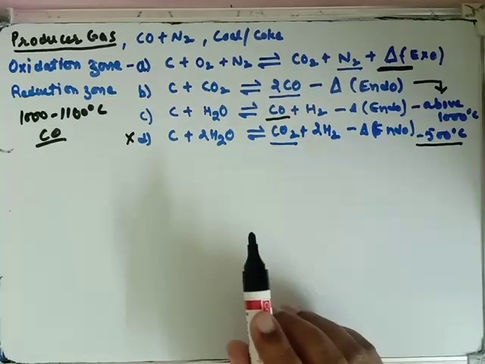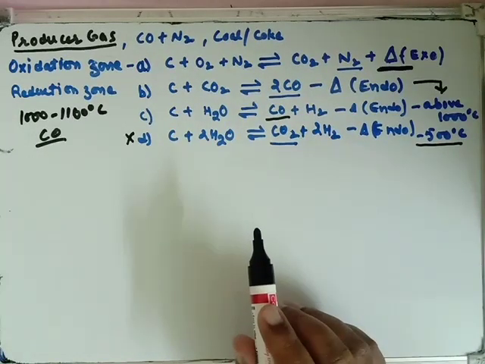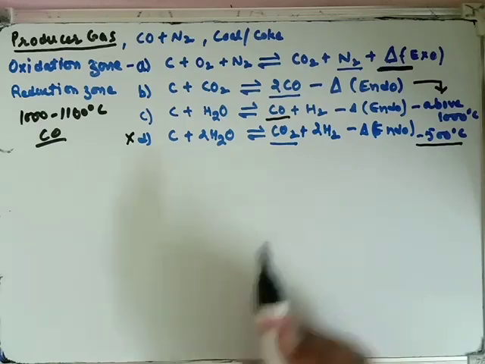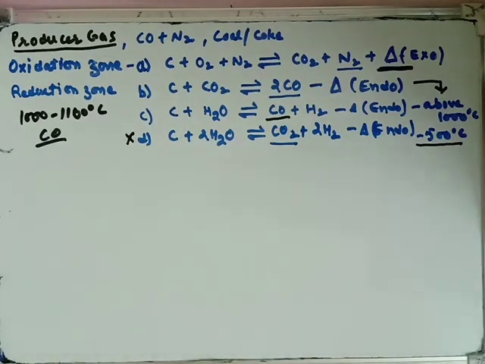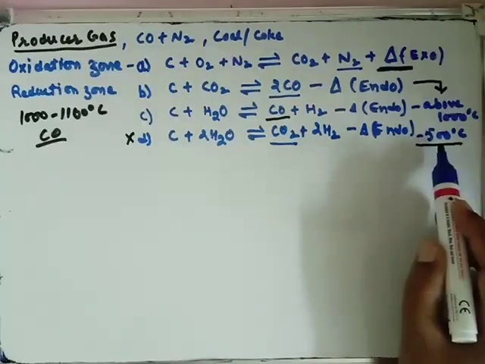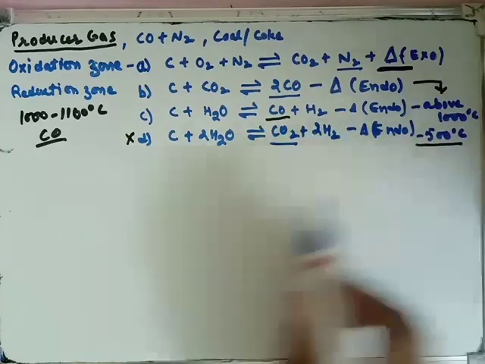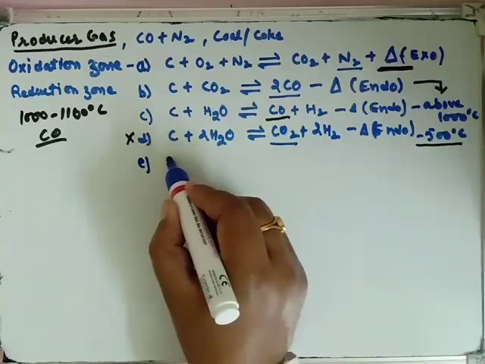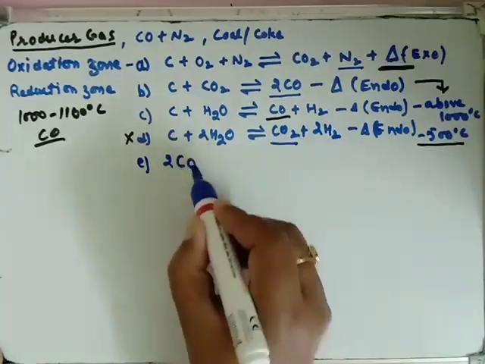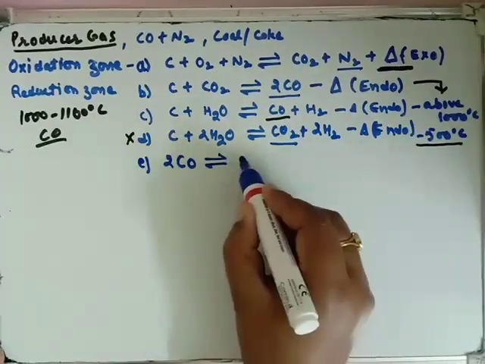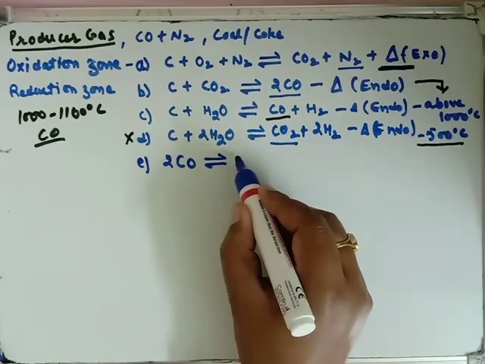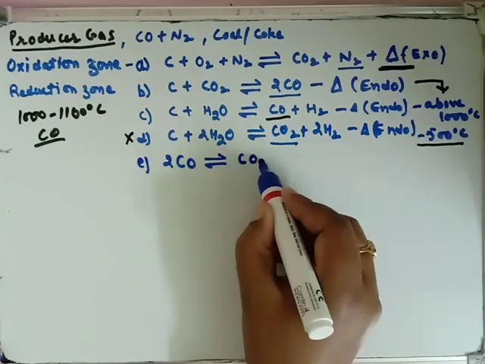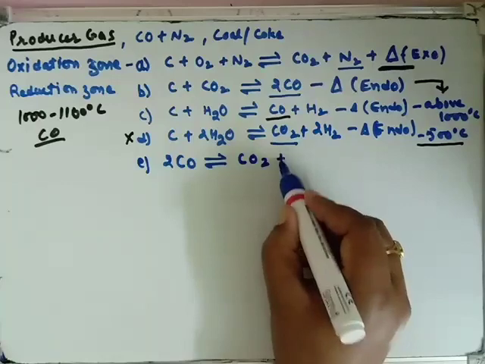Along with reaction D, some other unwanted reactions can also start in the reduction zone if the temperature falls below 1000 degrees Celsius. The first is the Boudouard reaction, which involves conversion of carbon monoxide back into carbon dioxide and carbon.